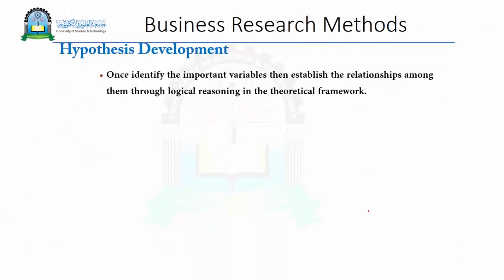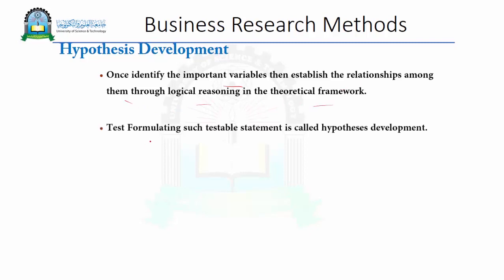How we develop the hypothesis: once identifying the important variables, then establish the relationship among them through logical reasoning in a theoretical framework. Formulating such testable statements is called hypothesis development.